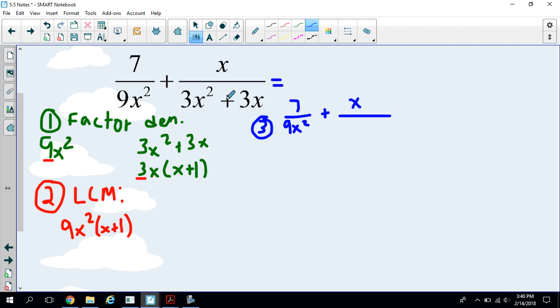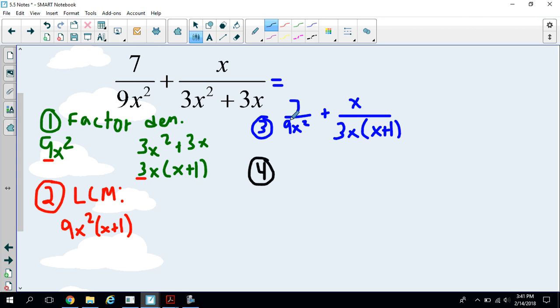Now, instead of writing the denominator as 3x squared plus 3x, I'm going to rewrite it in the factored form because I need to know what I need to multiply that fraction by to get my least common multiple. So I'm going to rewrite my 3x squared plus 3x as the 3x times (x plus 1). Now that I've rewritten it, I need to multiply my numerator and my denominator to get my least common multiple.